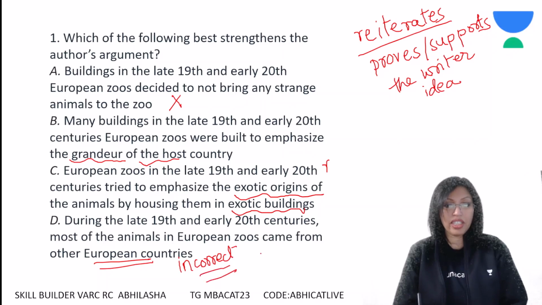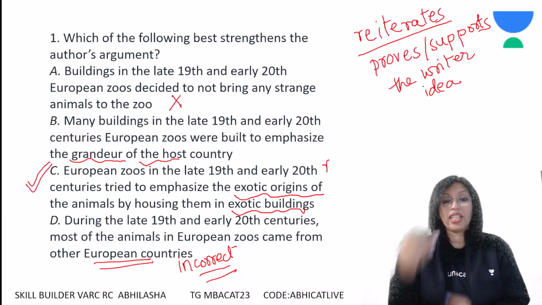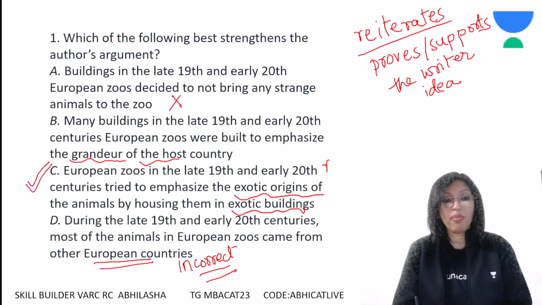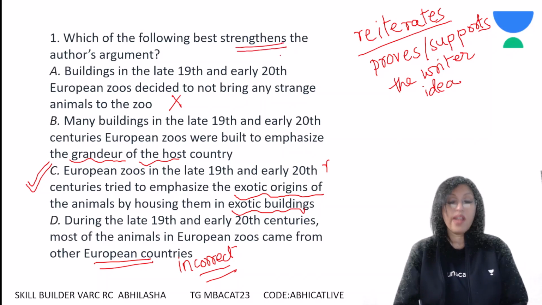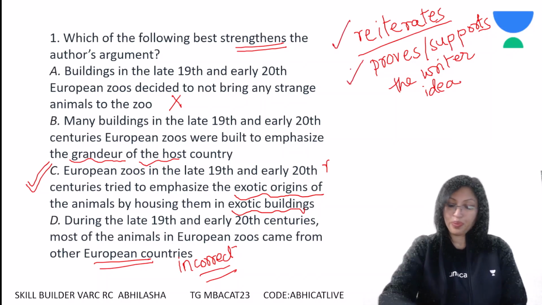So let's eliminate this. So then the best answer here would be option C, the one which is a reiteration of the writer's concept and the one that best strengthens the author's argument. Remember this, okay? To strengthen, you can either reiterate or you can prove some supporting fact to the writer's idea.